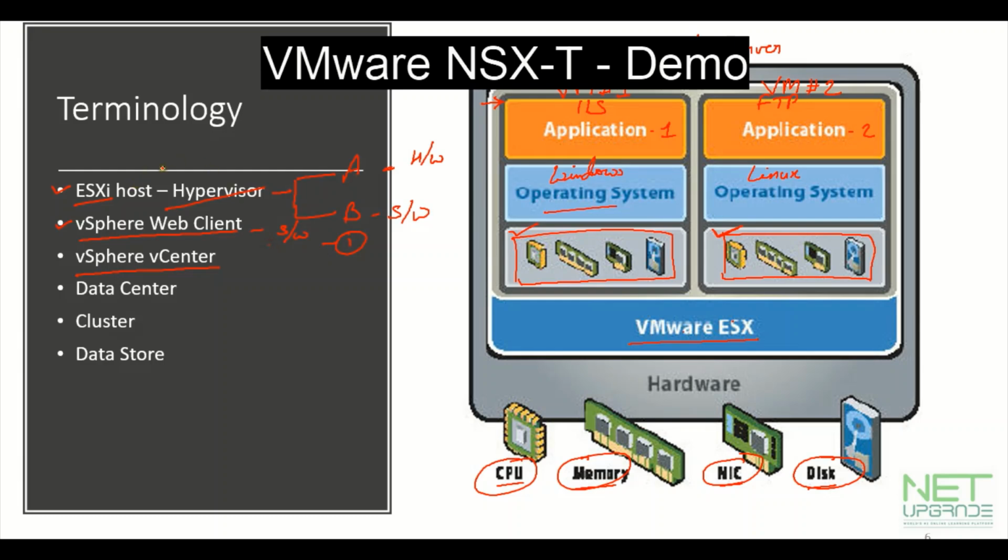But what if we have 10 ESXi hosts or 20 ESXi hosts in our environment? Then it will be very difficult to manage. So VMware brought one management server called vCenter. This vCenter has the capability to manage more than one, multiple ESXi hosts.